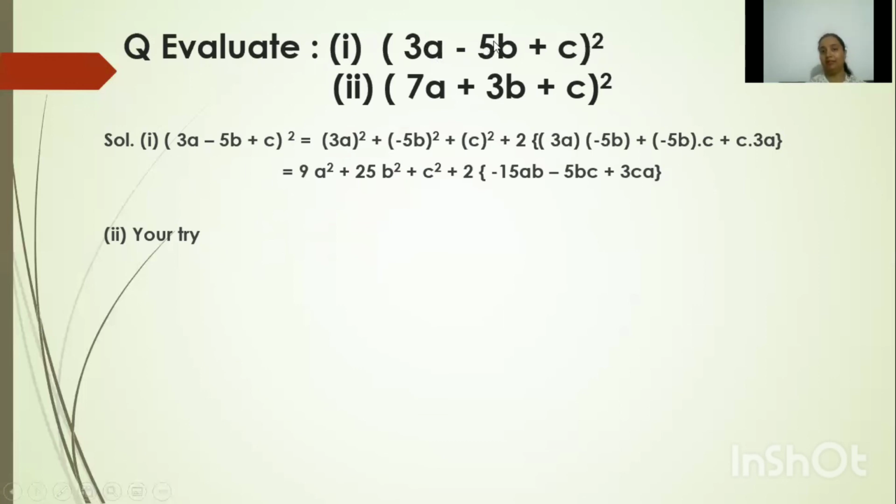This one multiplying with this, 3a multiplying with minus 5b, then minus 5b will multiply with c, and then c will multiply 3a. It's just cyclic, okay? Then open the square carefully and you'll get the answer. Carefully just open it. And this thing is your own try. I hope it is very easy to try now.